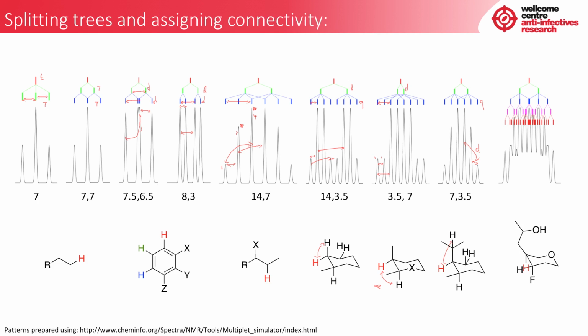That said, when you get good spectral data, it is quite often the case that you end up with quite distinct complex signals that you can interpret and tell you really quite a lot about how the molecule is connected. And this is the real advantage of NMR. There are other techniques that can inform us on functional groups or overall molecular properties. What the NMR gives us is the connectivity.